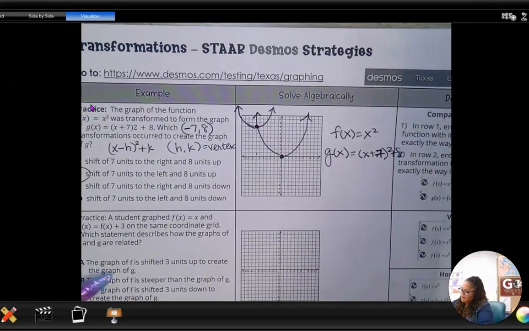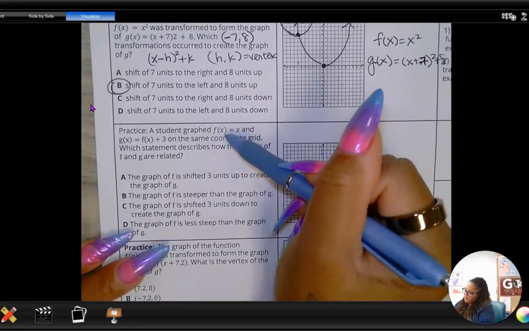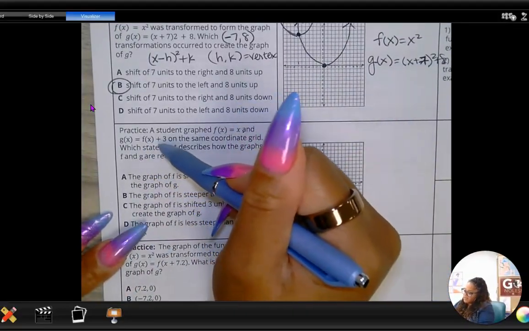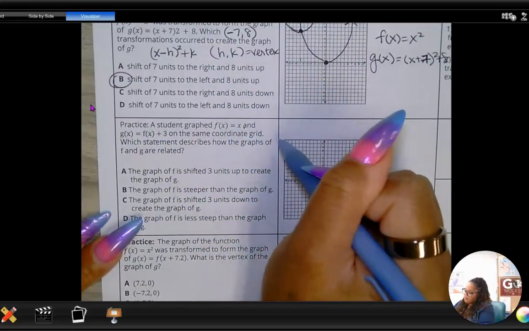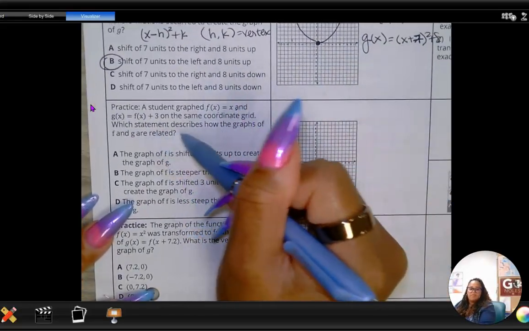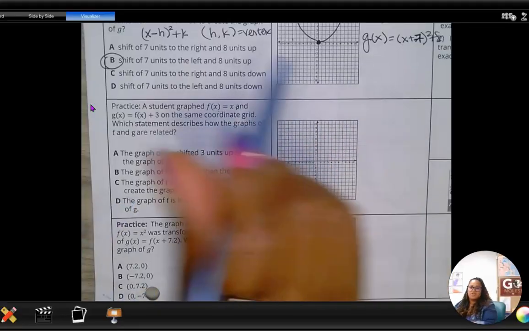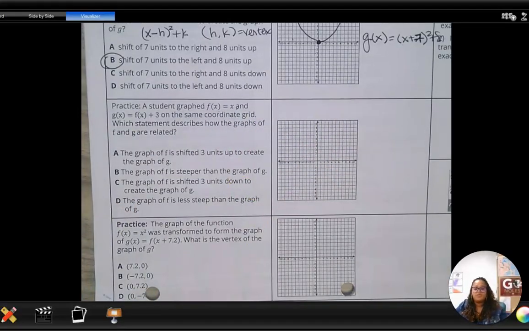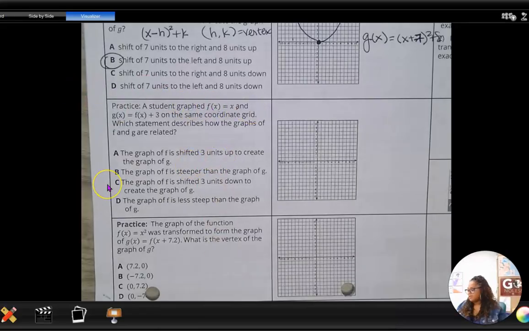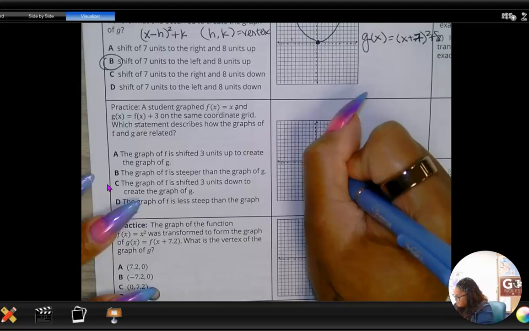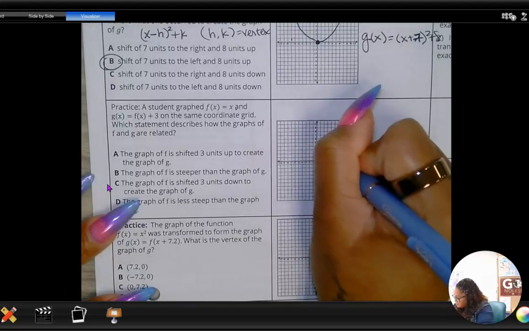Now it says a student graphs f of x equals x and g of x equals f of x plus 3 on the same coordinate grid. Which statement describes how the graphs of f and g are related? So let's go straight to DESMOS here. This first one, f of x equals x, is just going straight through the middle.